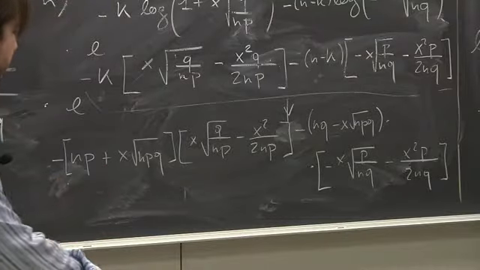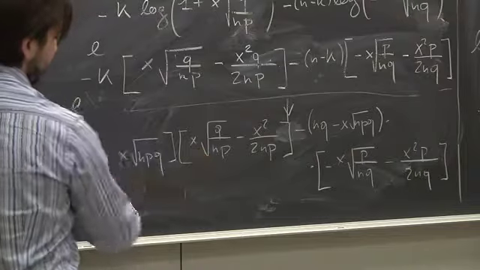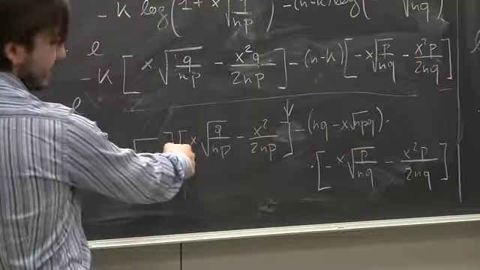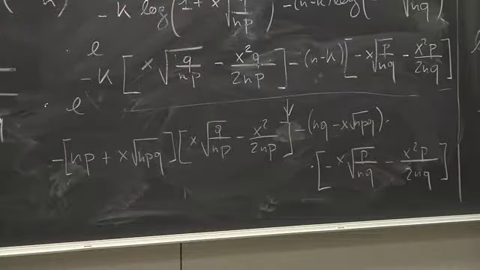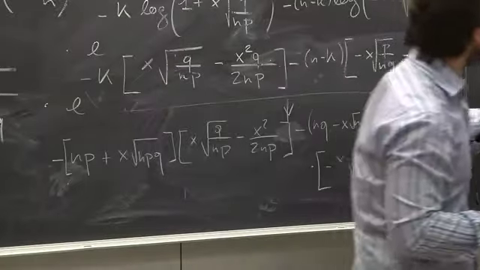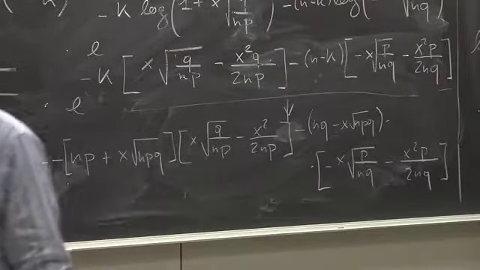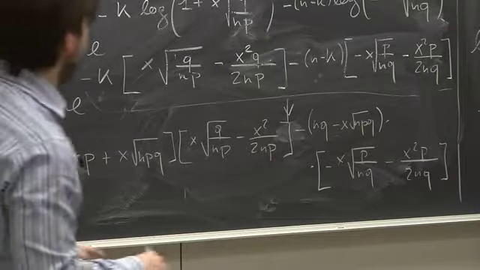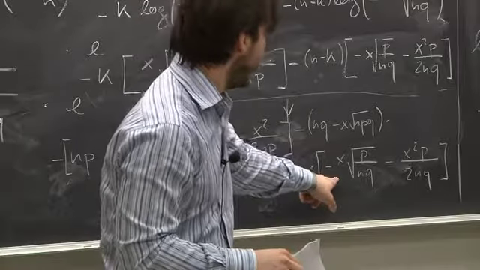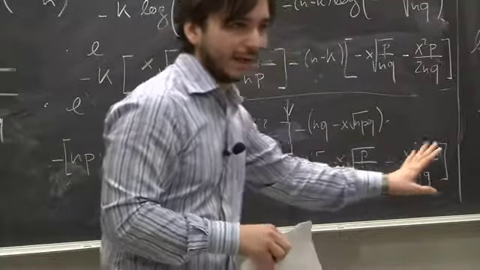If you do the product, you will get a term with x, a term with x squared, another term with x squared, and a term with x cubed. Now we're going to neglect it, right? Because we've expanded the logarithm and stopped at the second order. So when you get terms of x cubed, you just neglect them, and that's also true here. You get x, x squared, and x cubed, and you neglect it.